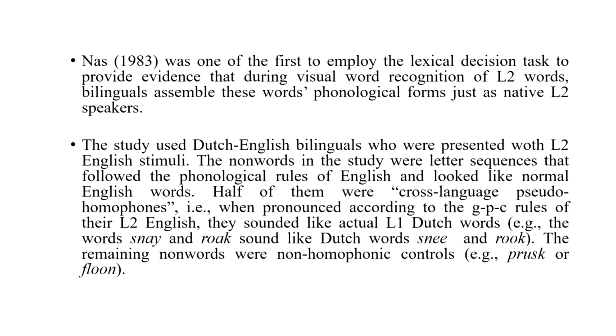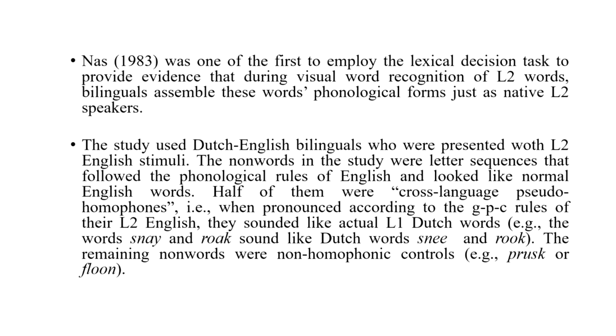Nass was one of the first to employ the lexical decision task to provide evidence that during visual word recognition of L2 words, bilinguals assemble these words' phonological forms just as native L2 speakers would do. The study used Dutch English bilinguals who were presented with L2 English stimuli. The non-words were letter sequences that followed the phonological rules of English and looked like normal English words.